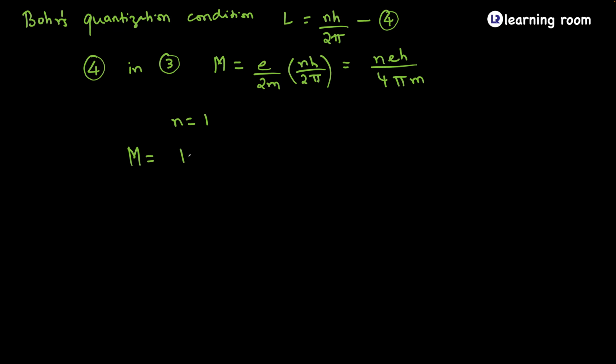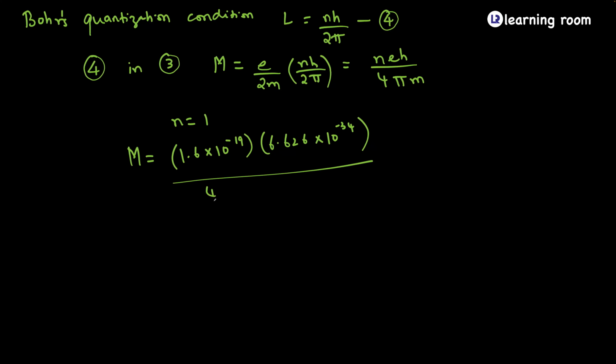It will be 1.6 into 10 power minus 19. h is 6.626 into 10 power minus 34 joule second. The whole divided by 4 into 3.14 into 9.1 into 10 power minus 31 kilogram.